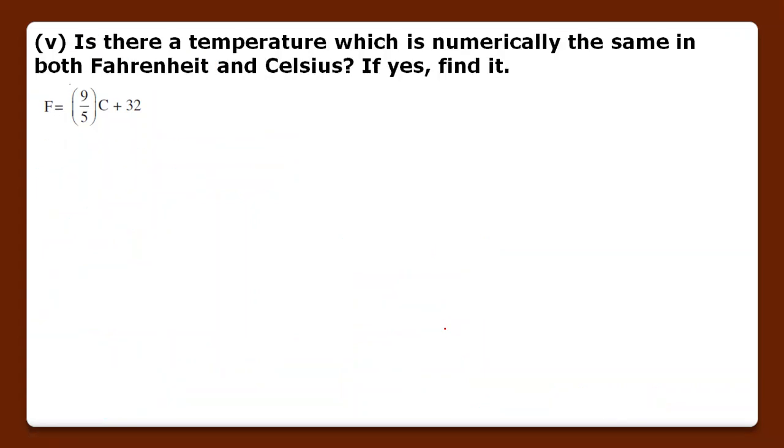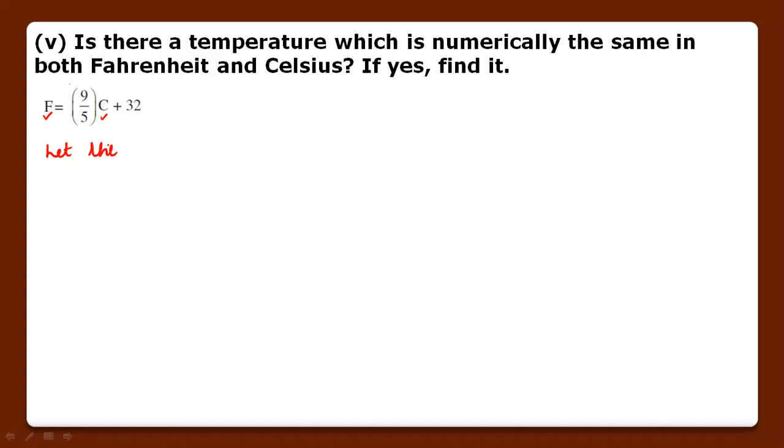So this is done. Now the fifth part: is there a temperature which is numerically the same in both Fahrenheit and Celsius? If yes, find it. We have to find a temperature that is equal in both F and C. So how will we do this?